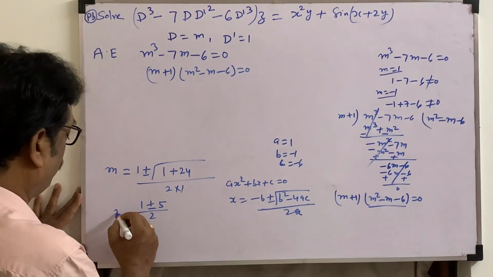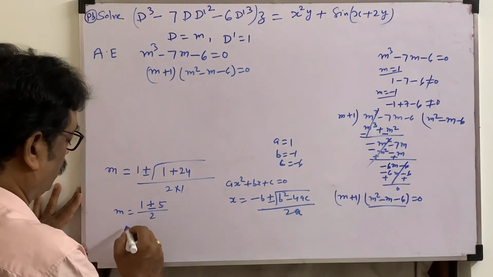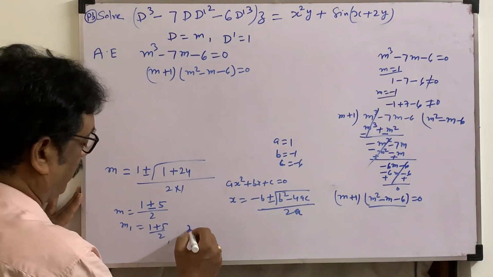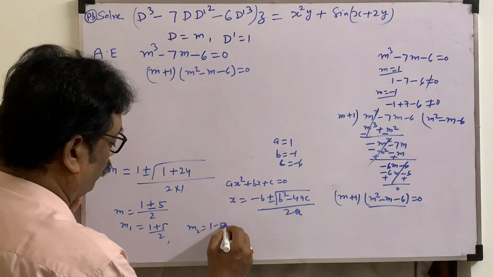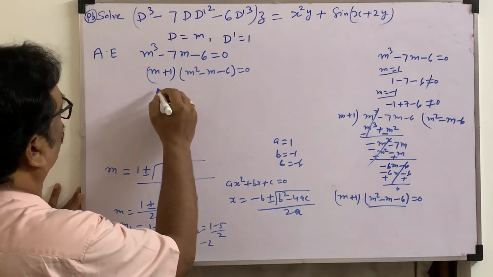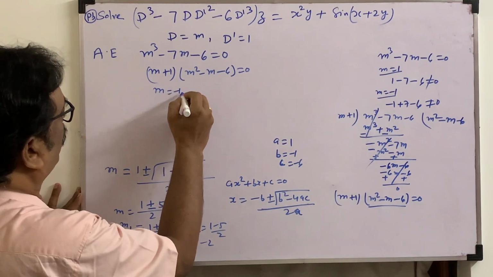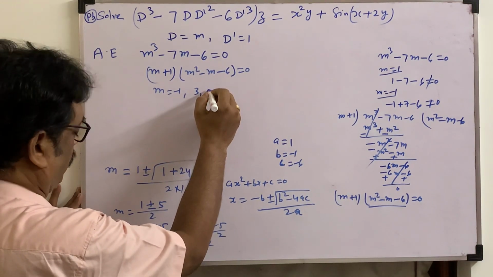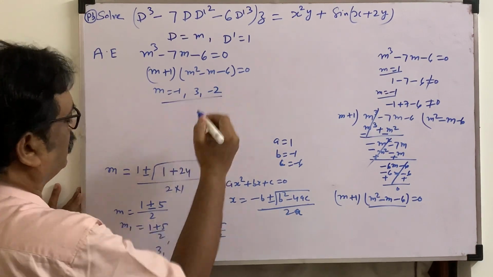So we get 2 roots: m1 equals (1 plus 5) by 2, which is 3, and m2 equals (1 minus 5) by 2, which is minus 2. The other root is m equals minus 1. So we got 3 roots: minus 1, 3 and minus 2.